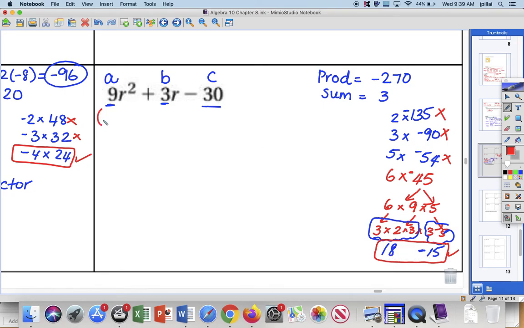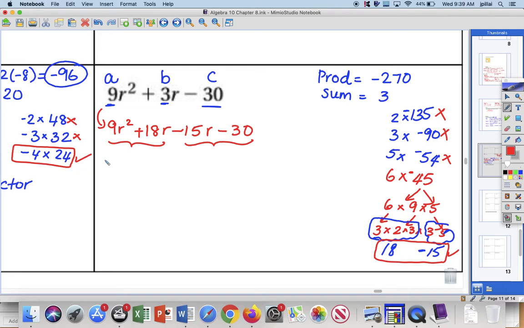So now let's go. 9r squared plus 18r minus 15r minus 30. So now again group and factor.